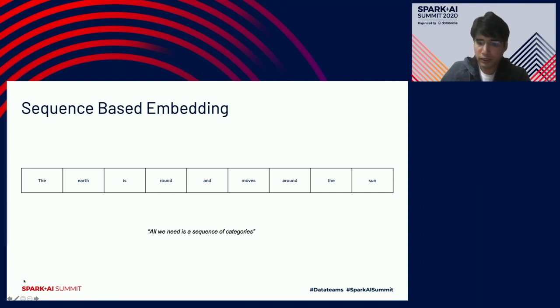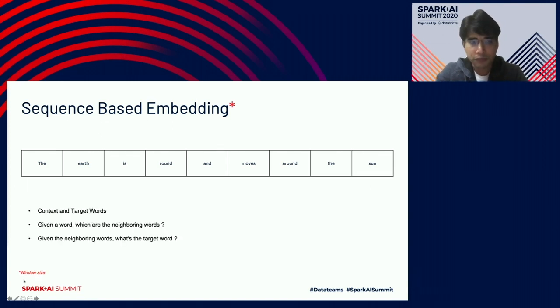So let me just elaborate on this example quickly. Like I said, there are two key things. One is context words, other is target word, right? The context words are those which appear around the target word. So you can call them neighboring words as well. So in this case, if earth is our target word, the and is become the context words, right?